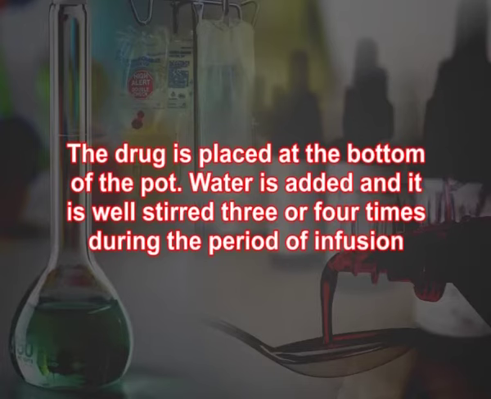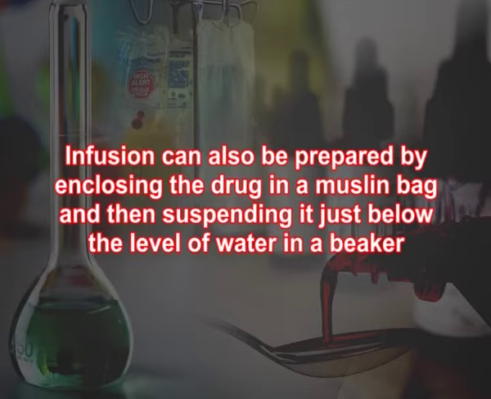Method in coffee pot or tea pot. The drug is placed at the bottom of the pot. Water is added and it is well stirred 3 or 4 times during the period of infusion. Second, infusion can also be prepared by enclosing the drug in a muslin bag and then suspending it just below the level of water in a beaker.